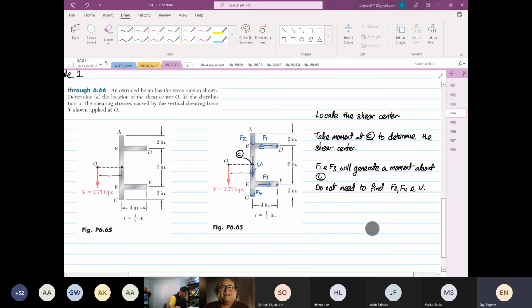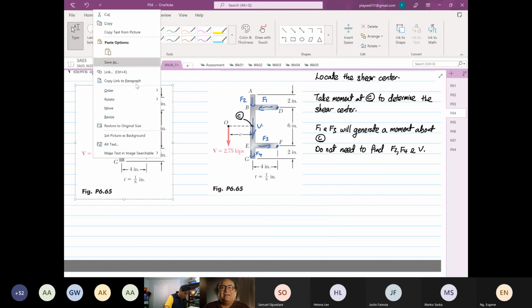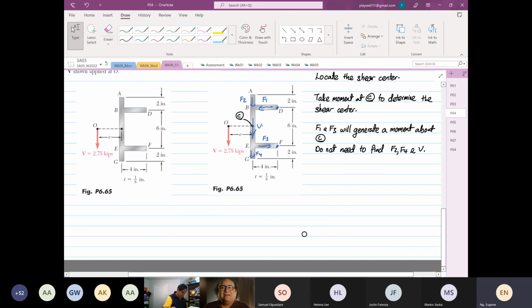So we are going to do our second moment of area again. I can do the second moment of area over here.